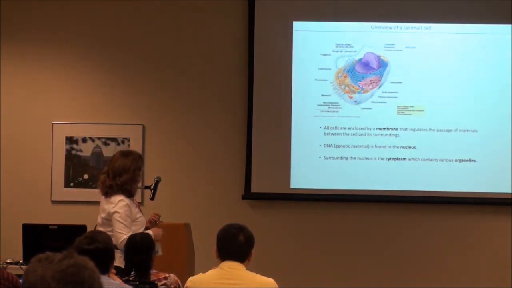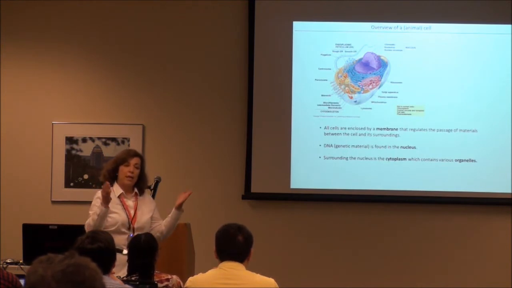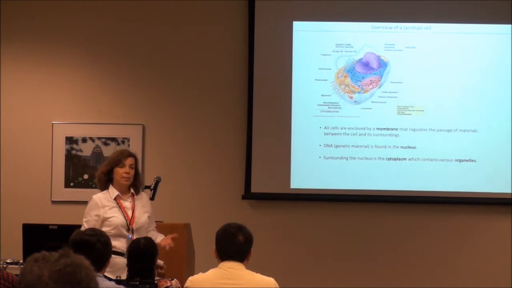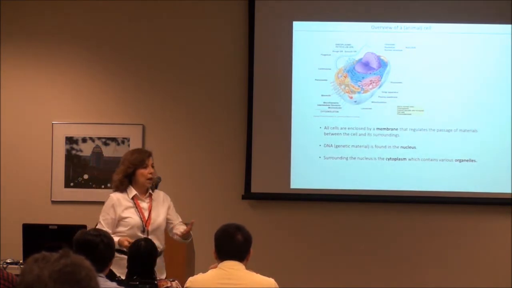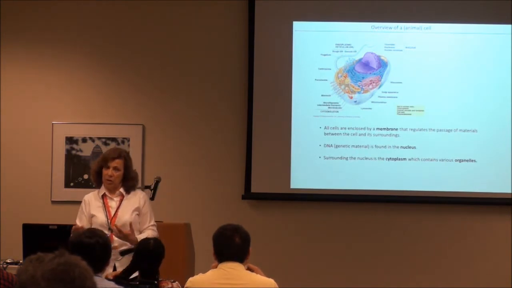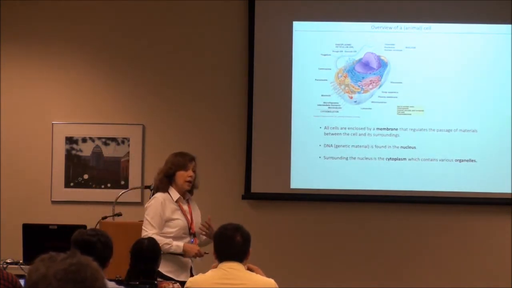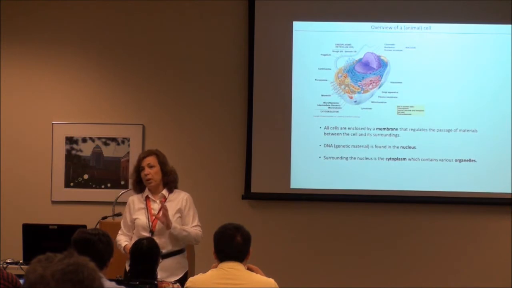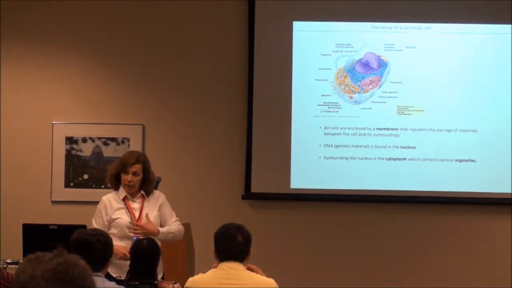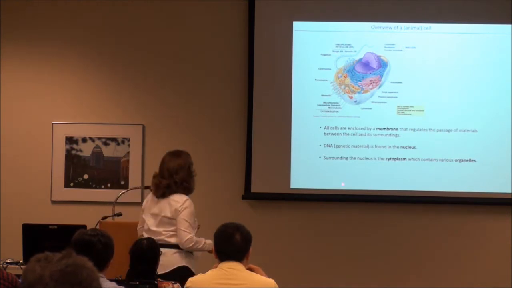But what's characteristic for every cell is that it's surrounded by the cell membrane. And the cell membrane is not just a membrane that prevents free diffusion between intra and extracellular environment, but also has a number of very important functions, specifically communication between the outside environment and inside the cell.